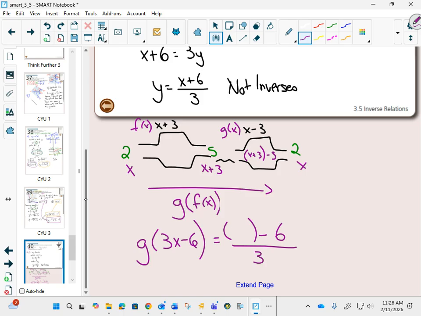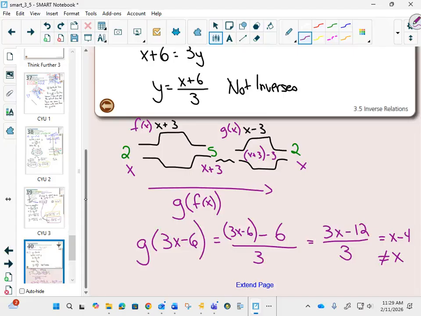And if I plug in 3x minus 6 in for the x, and I simplify this, I would get 3x minus 12, which is equal to x minus 4. It does not equal x, and it is not an inverse.